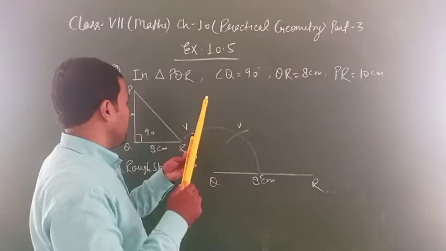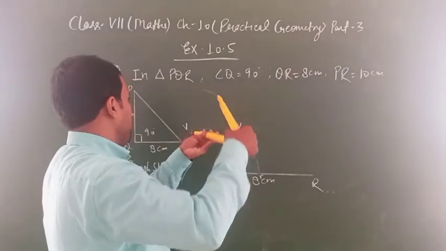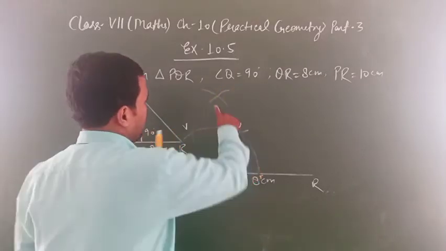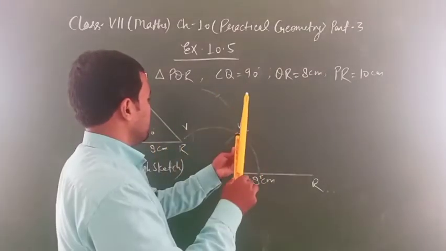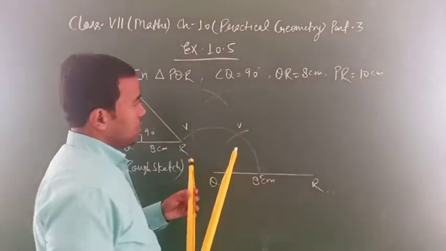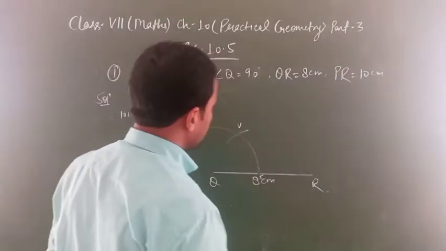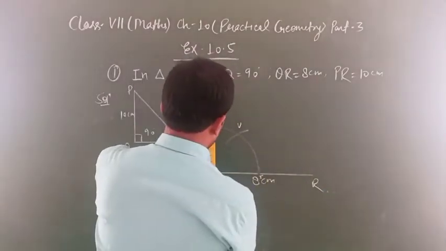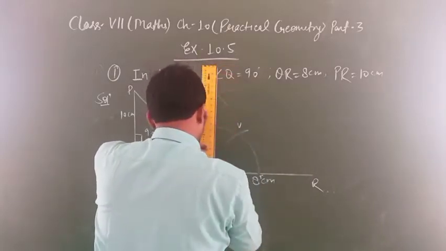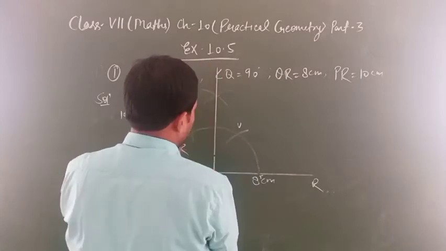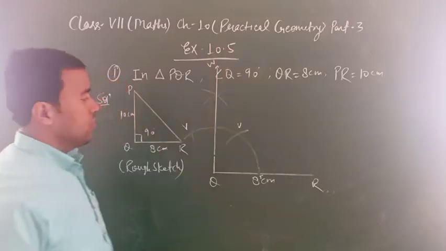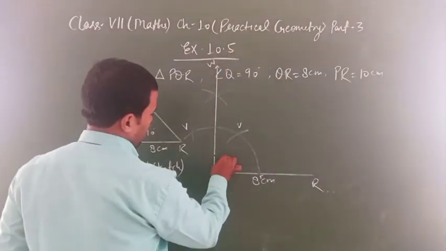After that, from V one arc here and from U one more arc there. Okay. After that, we will join. Okay. So this ray is QW. It is a 90 degree.